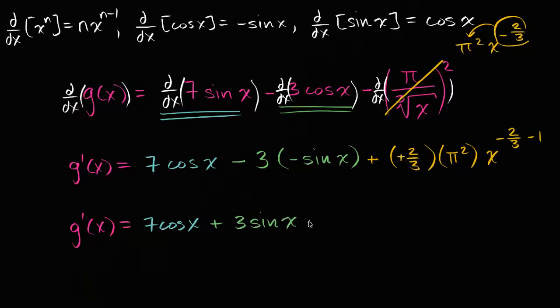So we could say plus 2 pi squared over 3 times x to the, so negative 2/3 minus 1, we could say negative 1 2/3, or we could say negative 5/3 power. And there you have it.